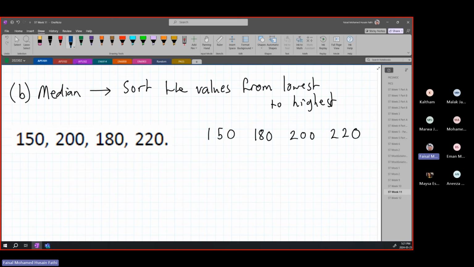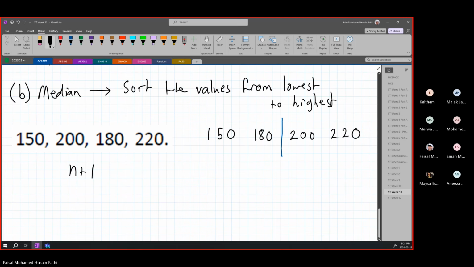So the median is basically the middle value between all of this. So if you notice, the middle value is going to be over here. All right. The equation you could say for this is going to be n plus 1 divided by 2. All right. So for example, here we have 1, 2, 3, 4. This is our n. We have 4 values.